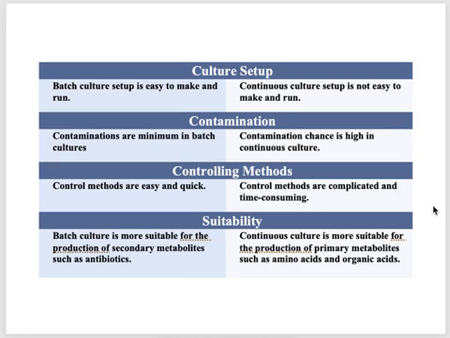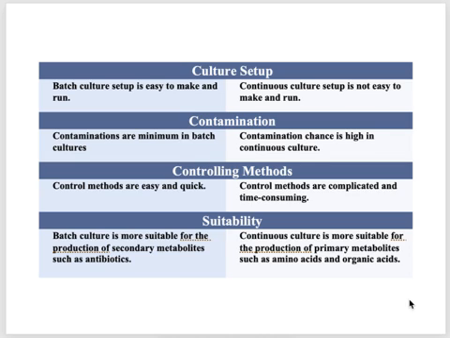And finally, suitability: where the batch culture is suitable and where continuous culture is suitable. Batch culture is more suitable for the production of secondary metabolites such as antibiotics, and continuous culture is more suitable for the production of primary metabolites such as amino acids and organic acids.